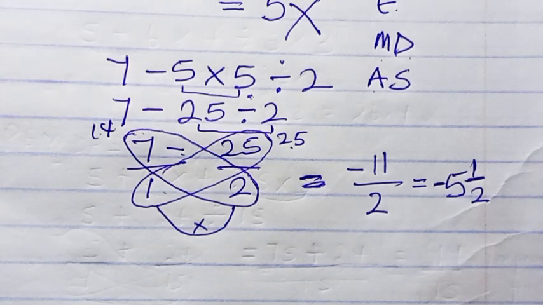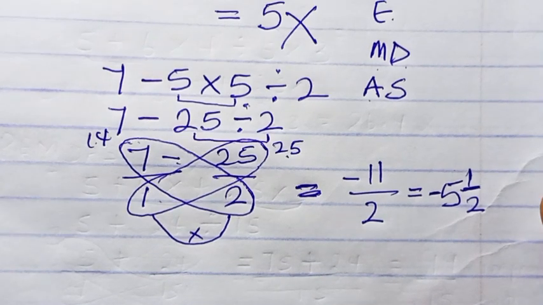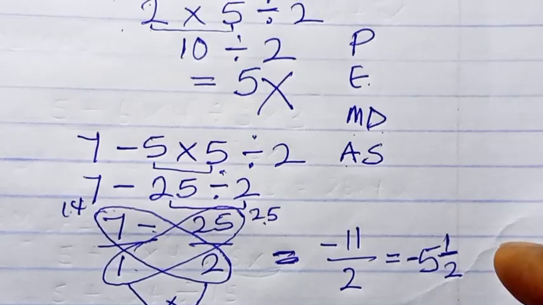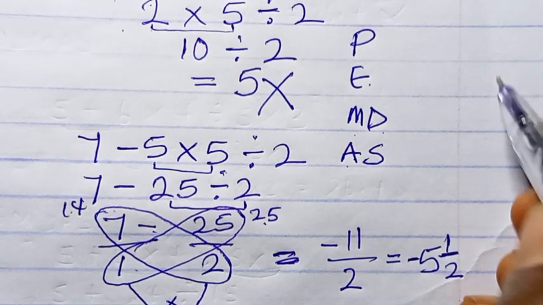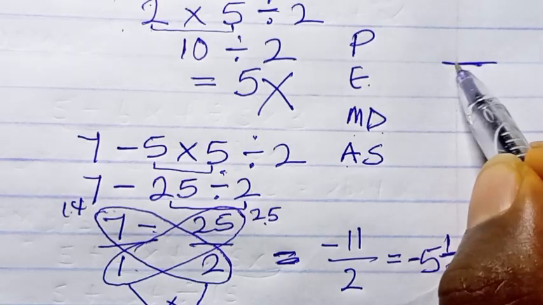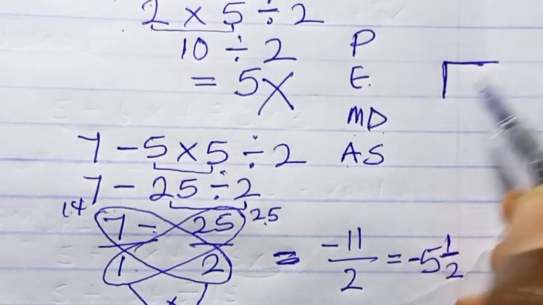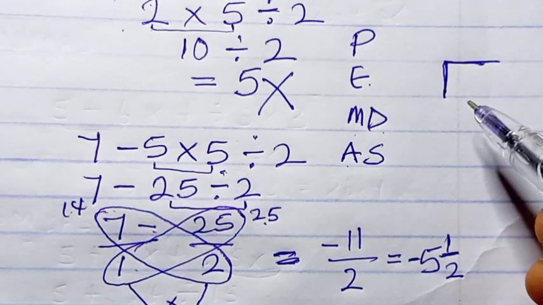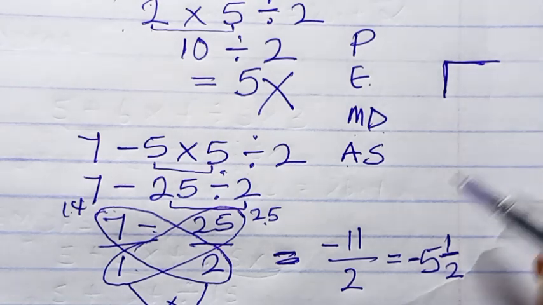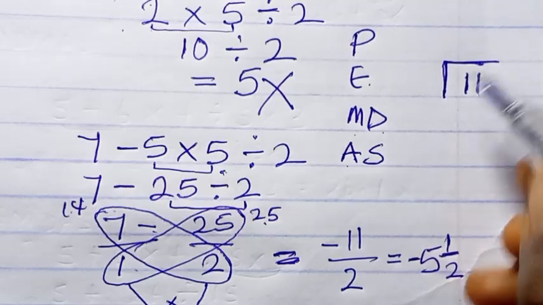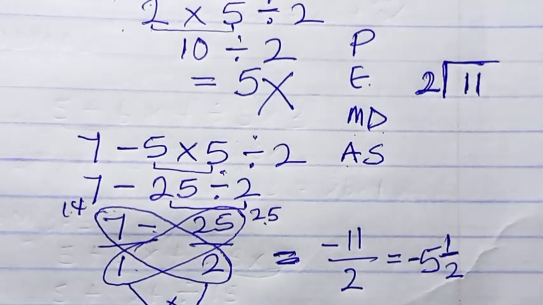Okay, now let's see if we can get a decimal answer for this question as well. Let's draw our long division line. In this aspect, we are also going to ignore the negative sign first. So put our 11 here and put our 2, which is dividing the 11, outside here.